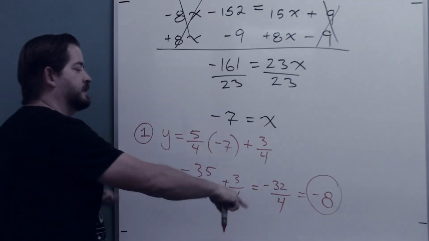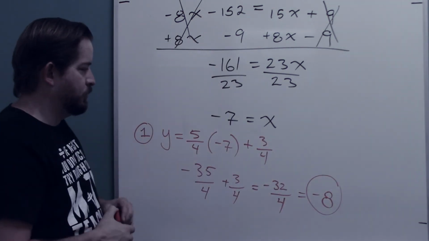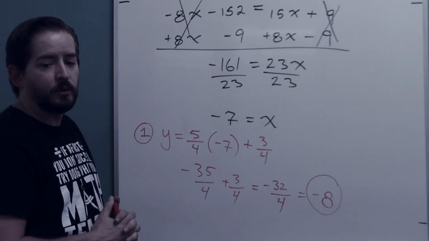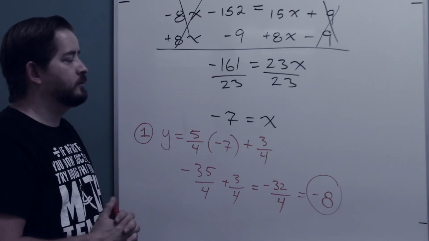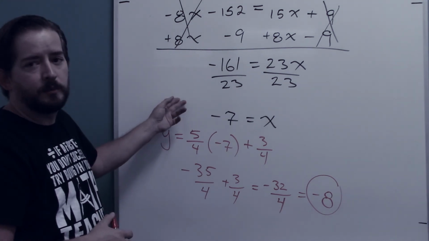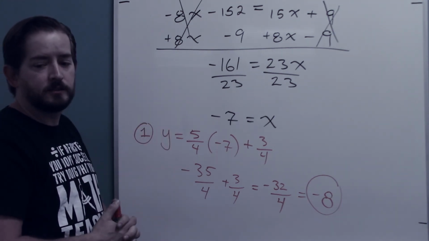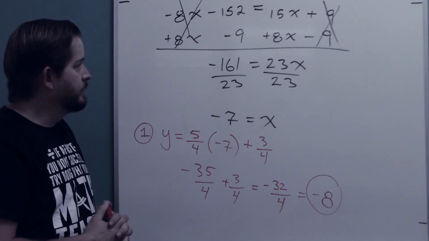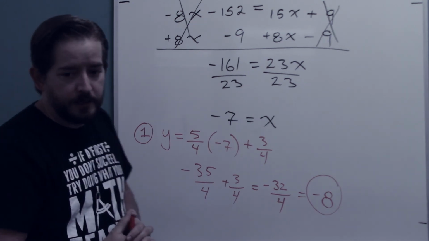So x is negative 7, y is negative 8, right? We couldn't avoid the fractions because they were there from the get-go. But when we get to 4.3, there is a way that we could have manipulated this to not have to deal with the fractions through the whole thing, but don't worry about that till the next section. Alright, thanks, and I will see you guys for the next one.